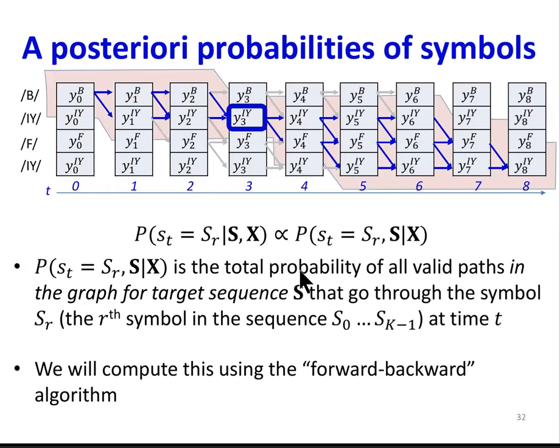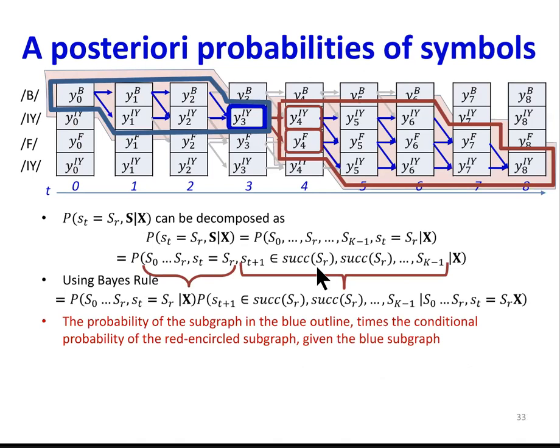So this pink subgraph is the subgraph whose probability we want to compute. We're going to compute it using something called the forward-backward algorithm. Now, what is the forward-backward algorithm? The graph in pink, in turn, has two subgraphs.